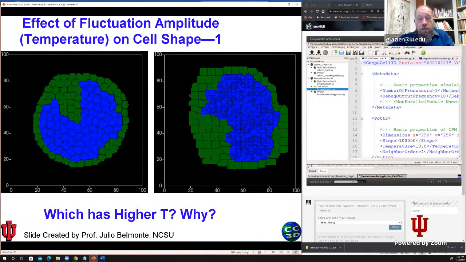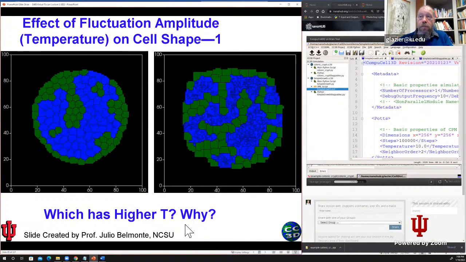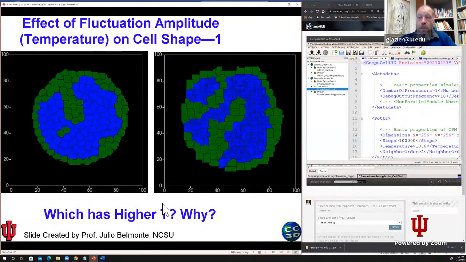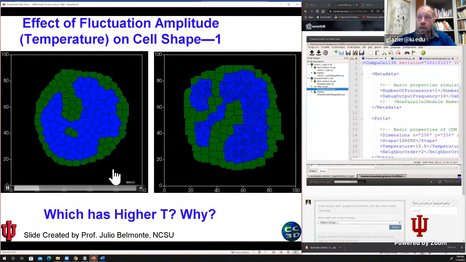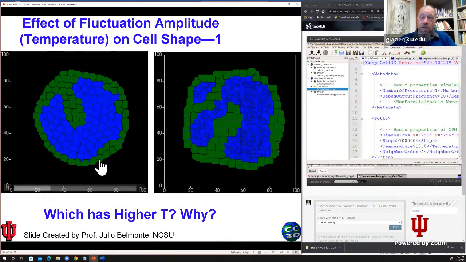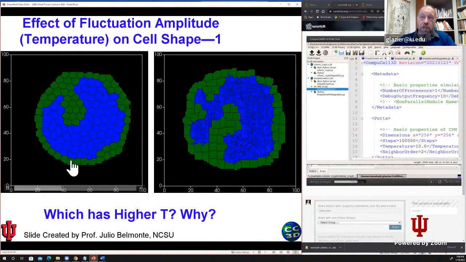Remember that what matters is not the fluctuation amplitude per se, but the ratio of the energy changes of the cell compared to the fluctuation amplitude. If you look on the left, you'll notice that all of the cells, blue and green, have surfaces that are pretty similar.